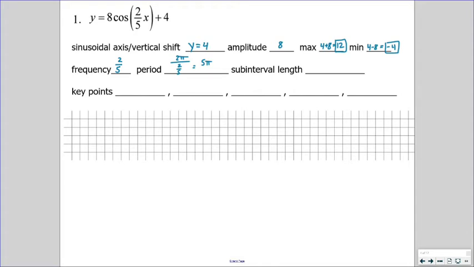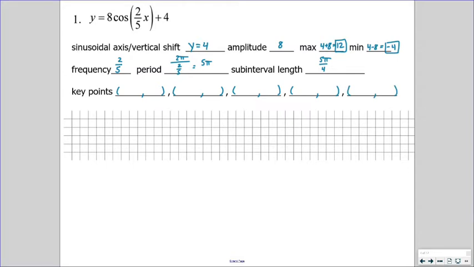The subinterval length is always our period divided by 4. So 5 pi over 4, that doesn't simplify. And then our key points. So I'm going to set up the ordered pairs, and then I'll fill in the y values and then go back with the x values. We are graphing cosine, the standard cosine, not reflected here.